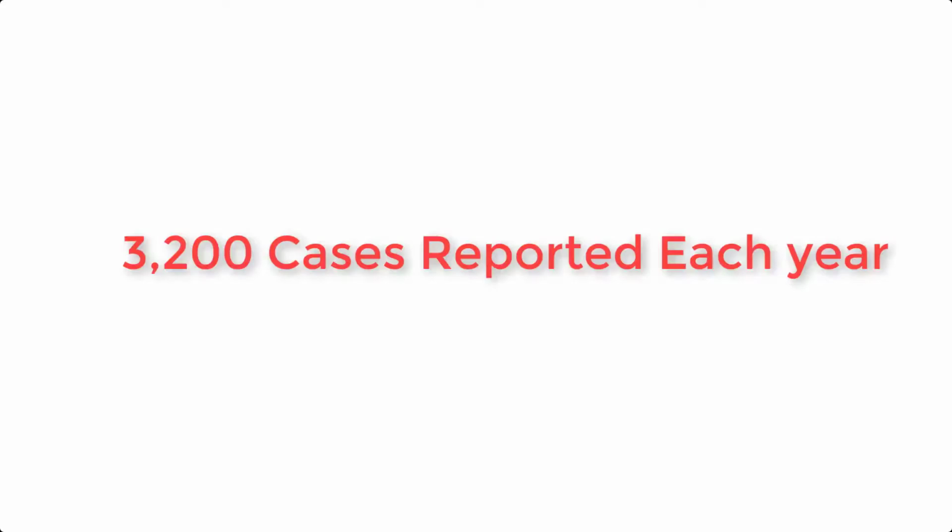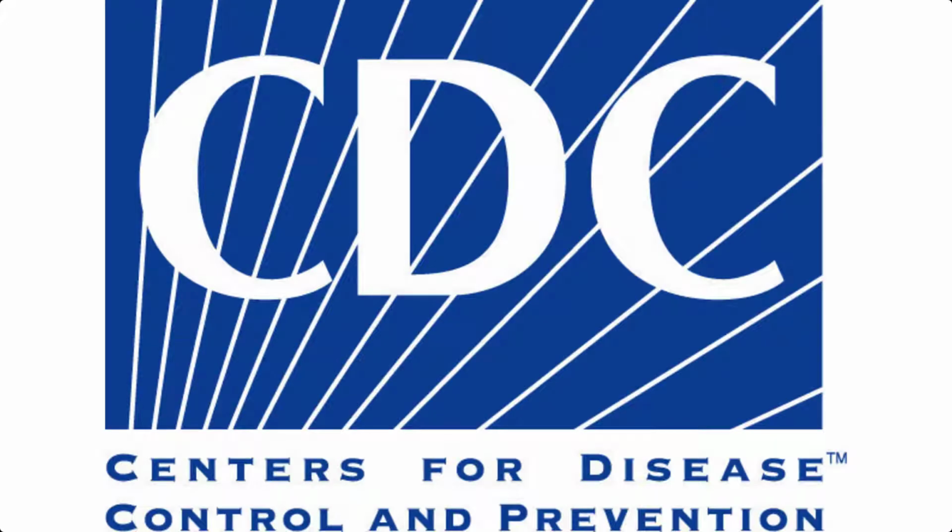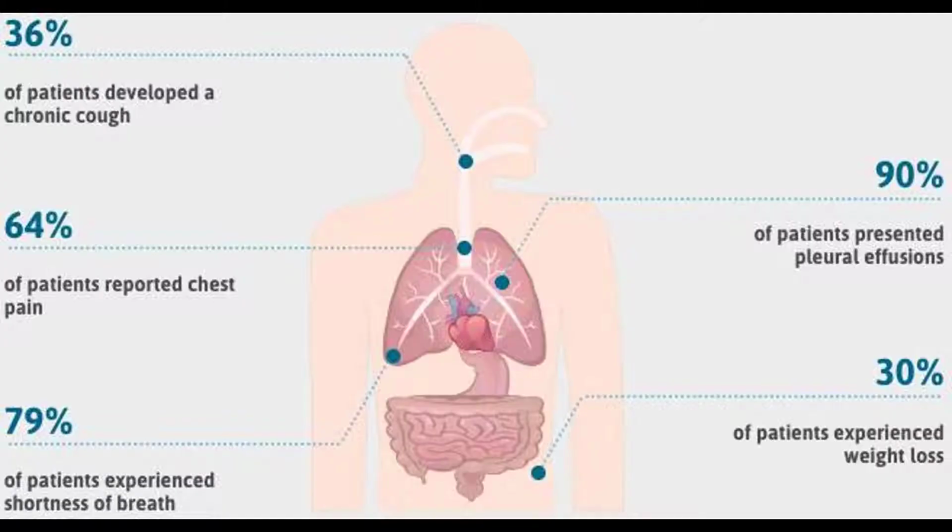For example, 3,200 new cases of mesothelioma are reported each year by the CDC due to asbestos. However, these symptoms can take 30 to 50 years to develop. Symptoms include shortness of breath, chronic cough, pleural effusion, chest pain, and weight loss.